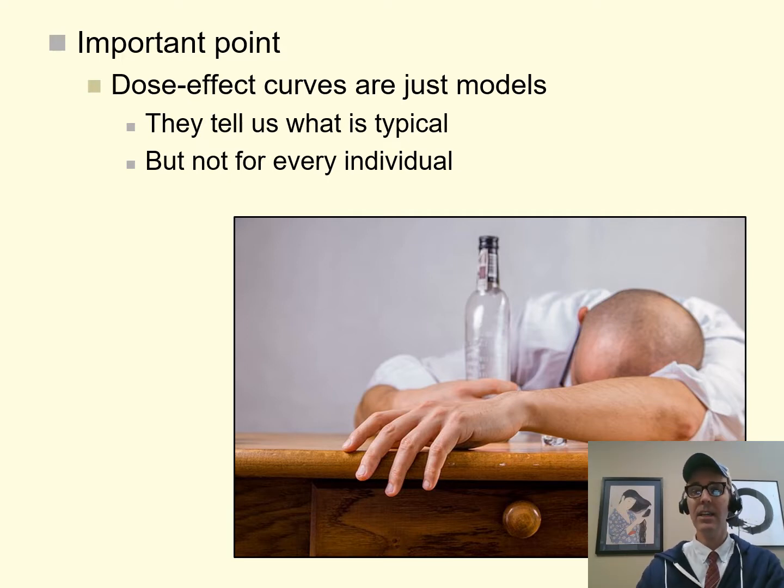And so there is a level of uncertainty if you are a prescriber and you're prescribing a drug to a particular patient. You don't know for sure what's going to happen to that one patient until he or she actually takes the drug. And of course, if you're a drug user and you're just using a drug on your own, like you're consuming alcohol, nicotine, or some sort of illegal drug, you don't necessarily know ahead of time what's going to happen to you until you begin using the drug.